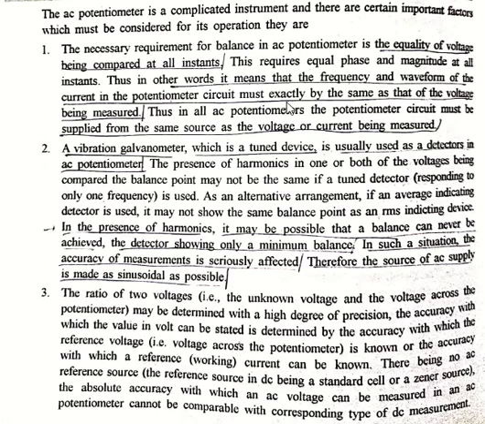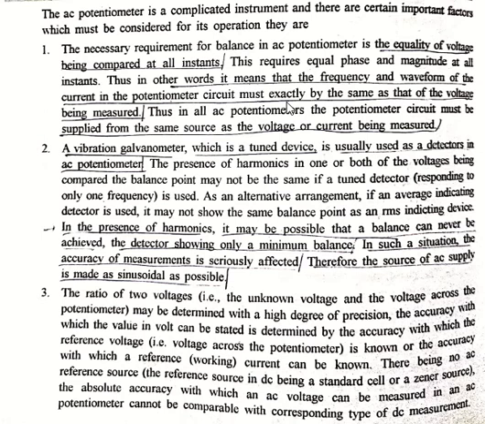For constant current, we adjust the rheostat. It is a must condition that for all the potentiometer circuits there must be the same, constant source as the voltage and current being measured.